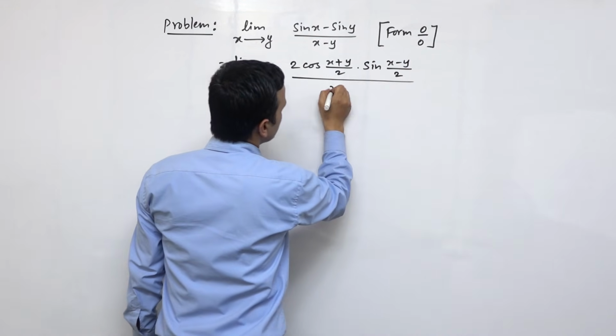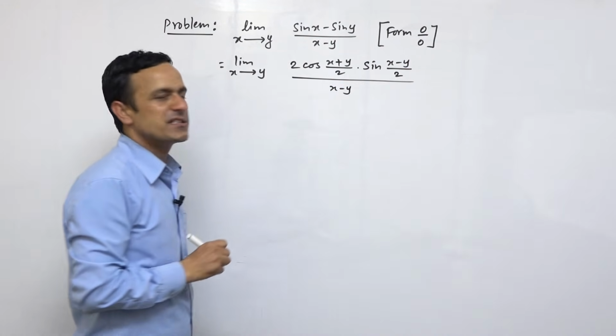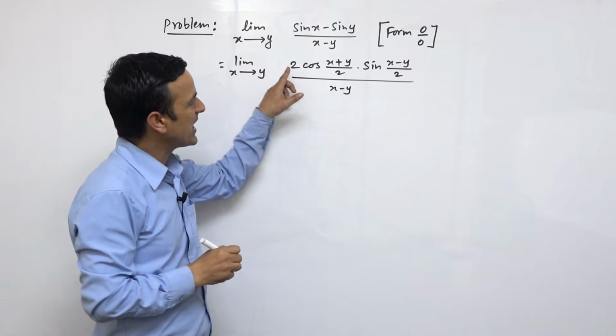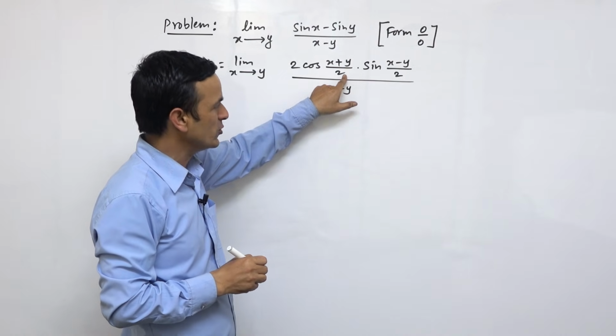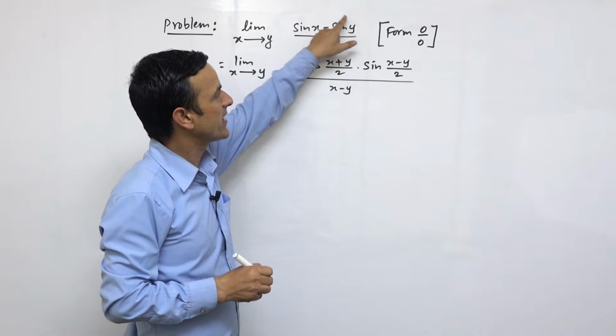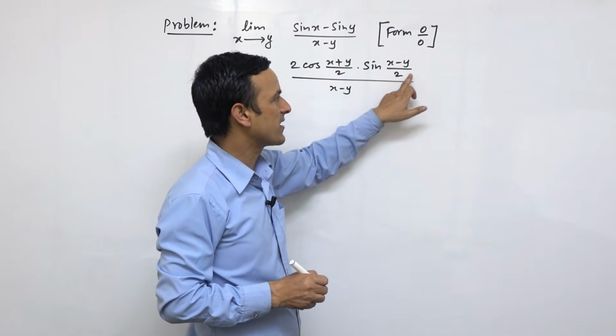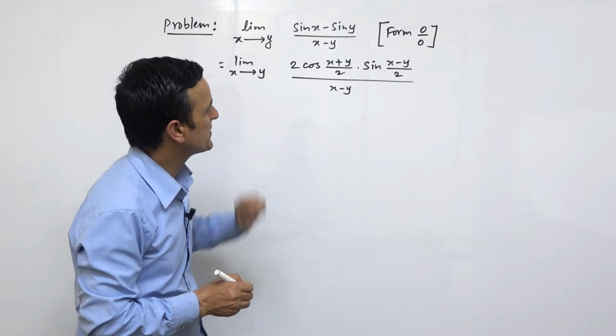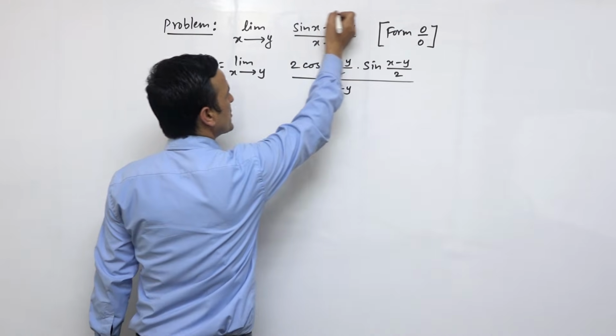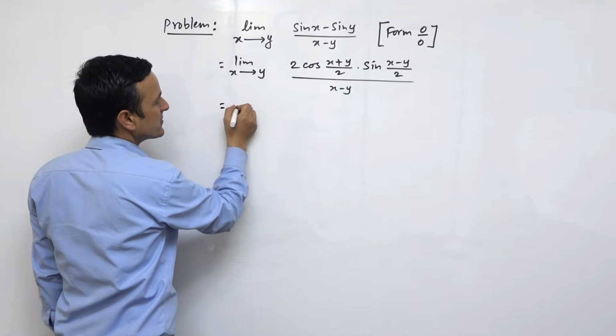So actually this is the formula of sin c minus sin d: 2 cos of c plus d by 2, the sum of two angles divided by 2, and sin of the difference of two angles divided by 2. This is the transformation formula of the trigonometric term.